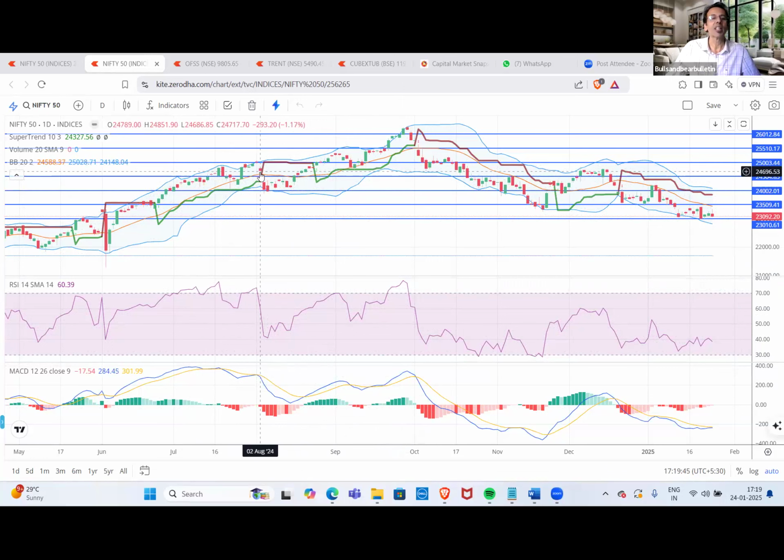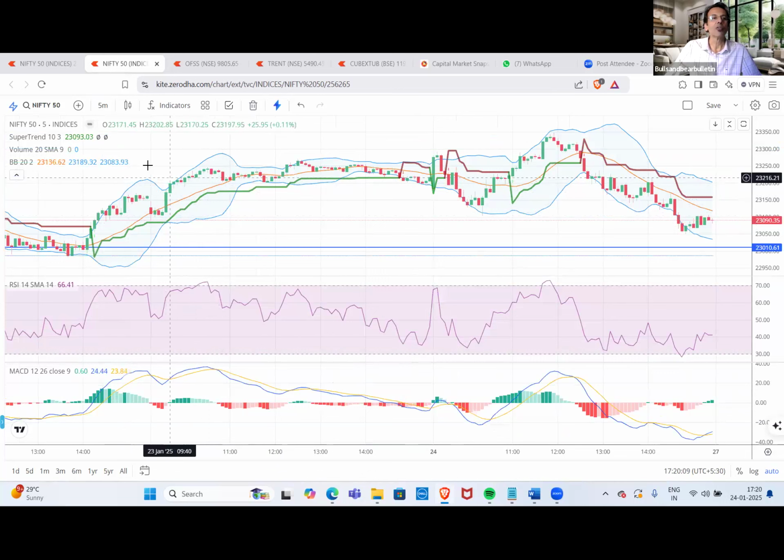The contraction indicates the consolidation of the market, and that is where the trend reversal is going to happen.